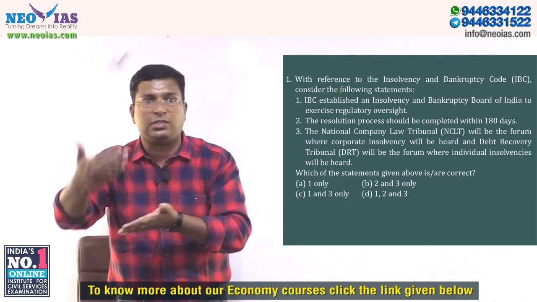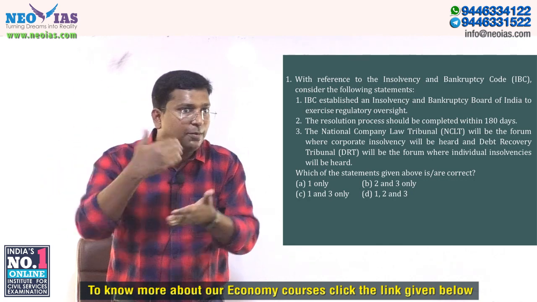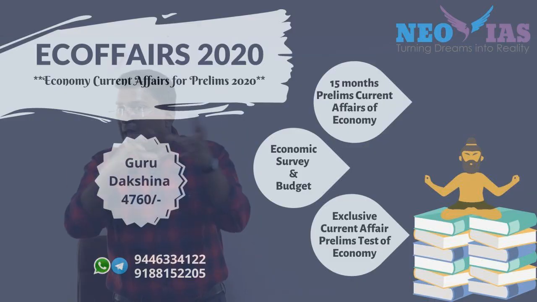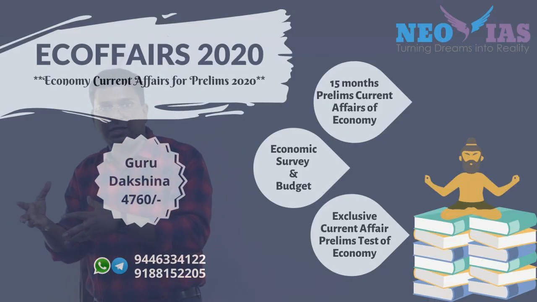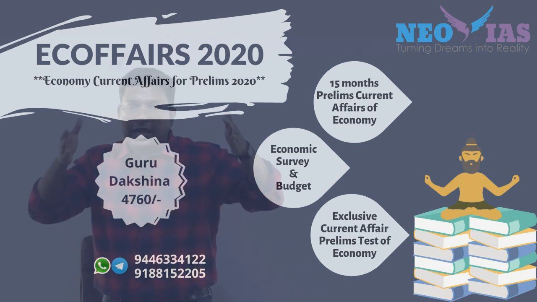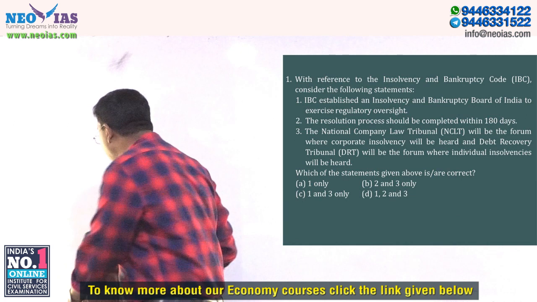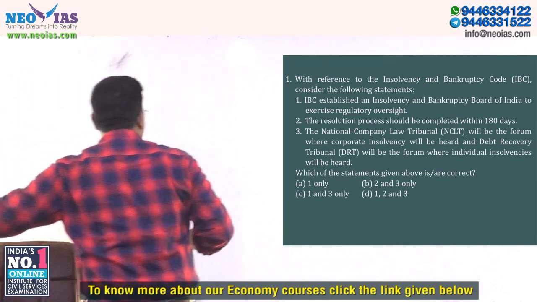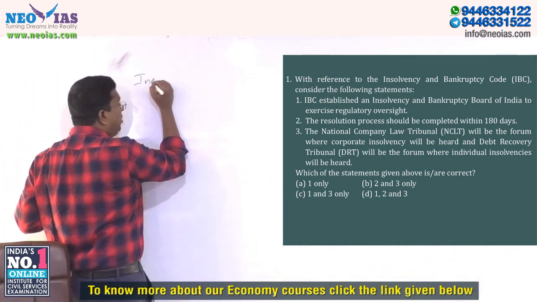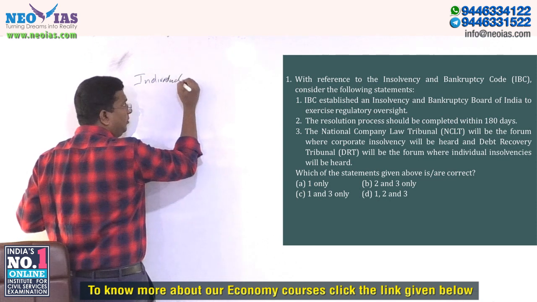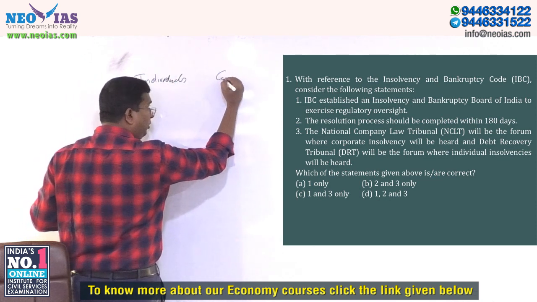I told you it's a legal process. Yes or no? Bankruptcy is a legal process, so a legal, adjudicatory mechanism has to be there. Okay, so in the case of private sector or corporate, keep this information in mind. One, individuals, mainly individuals. This is one side. The other is corporate.